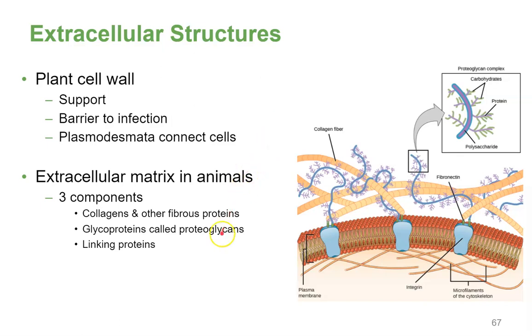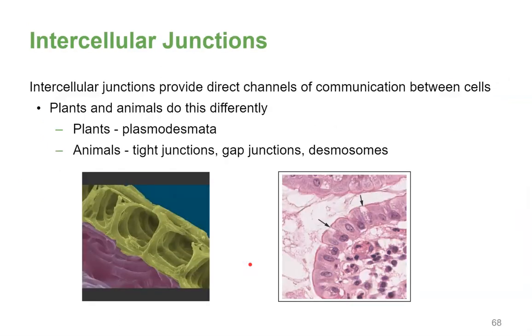In animals, there's usually some collagen protein and other types of linking or connecting proteins on the exterior portion of the cell. So that helps create a nice, cohesive tissue. It keeps the tissue together, so it anchors one cell to another cell. But yeah, so that's the extracellular matrix.